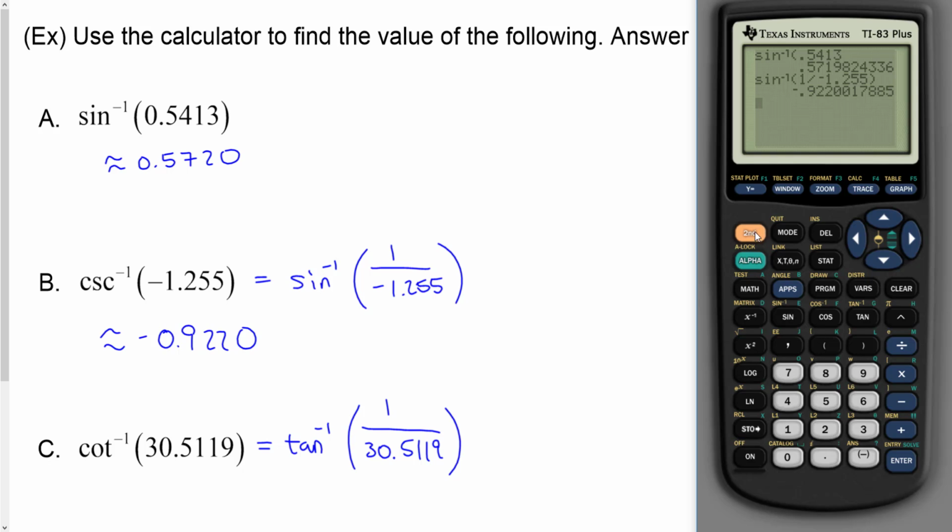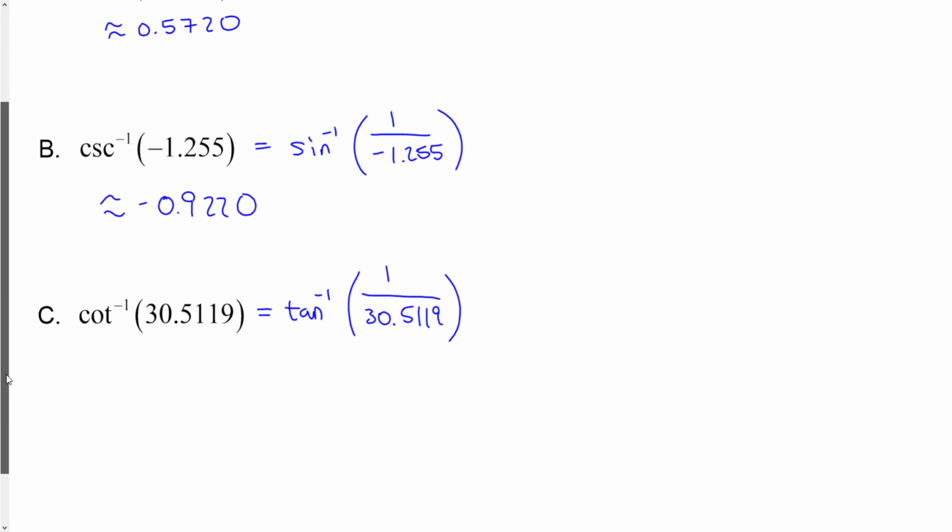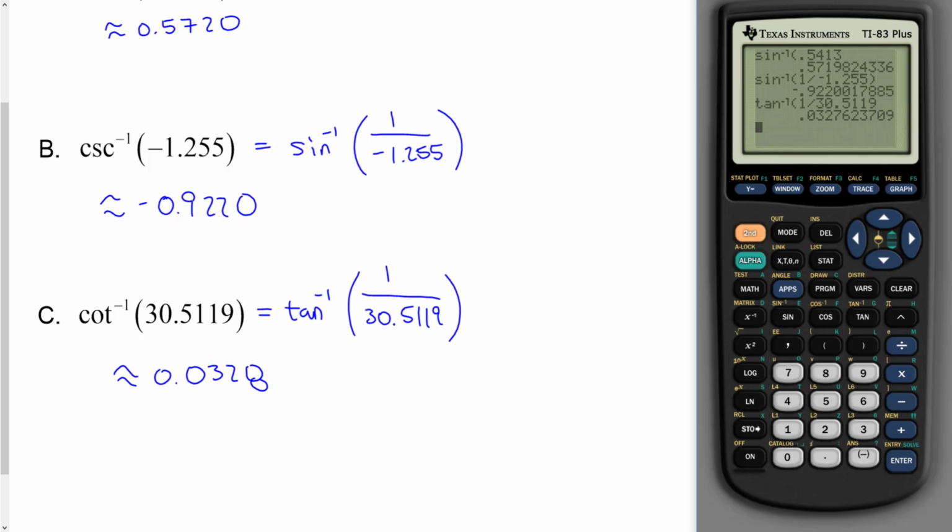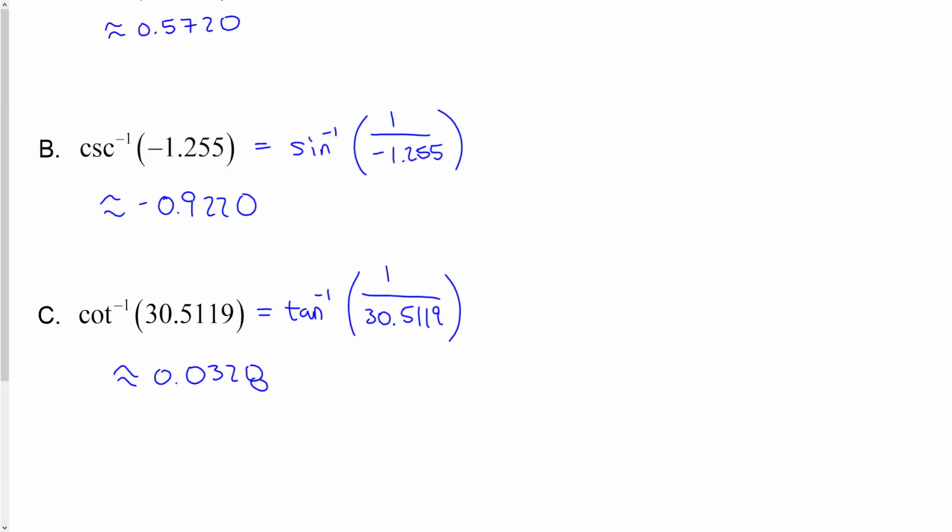And 1 divided by 30.5119 comes out to 0.328. 0.328, I think it was. Yes. All right. So that's how you work with your calculator. As we get into applications problems later on in the class, you'll see this more and more.